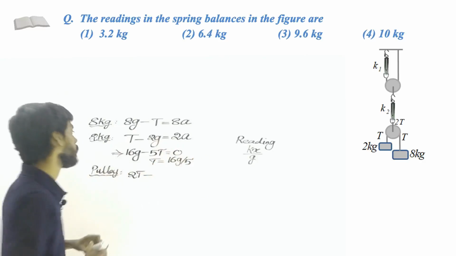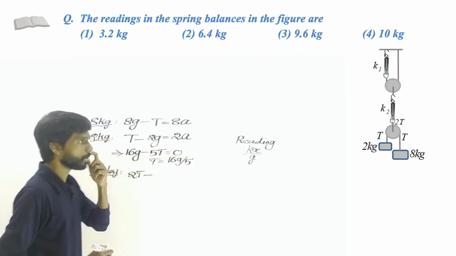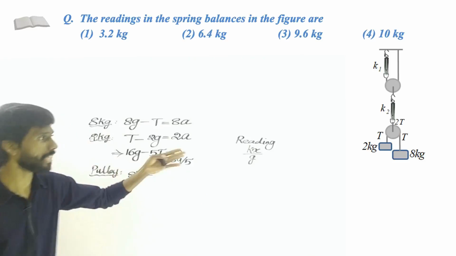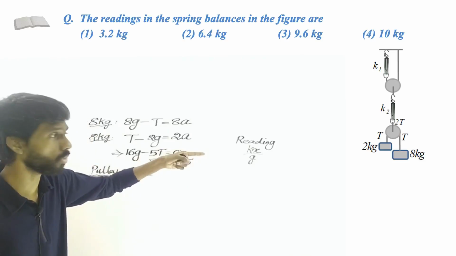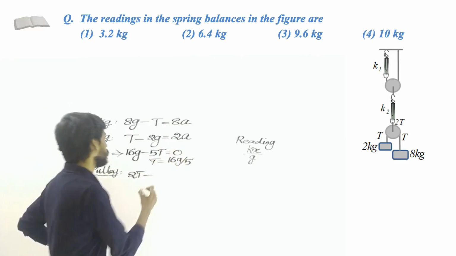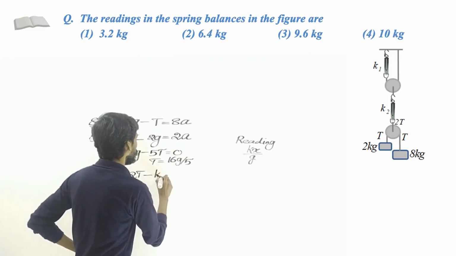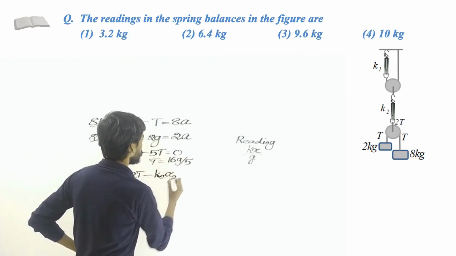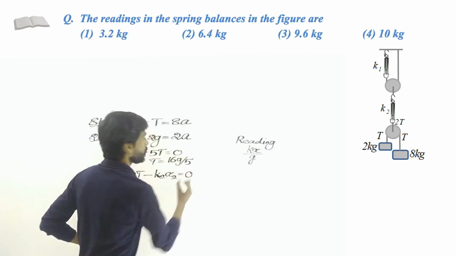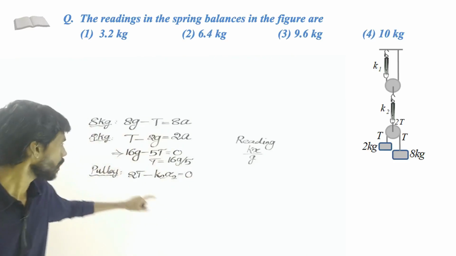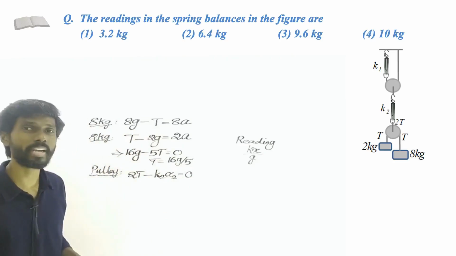Say the second spring constant is K2 and the extension is X2, so the force due to that spring is K2 X2. The total force must be 0 because the pulley is at rest and massless, so 2T minus K2 X2 equals 0.